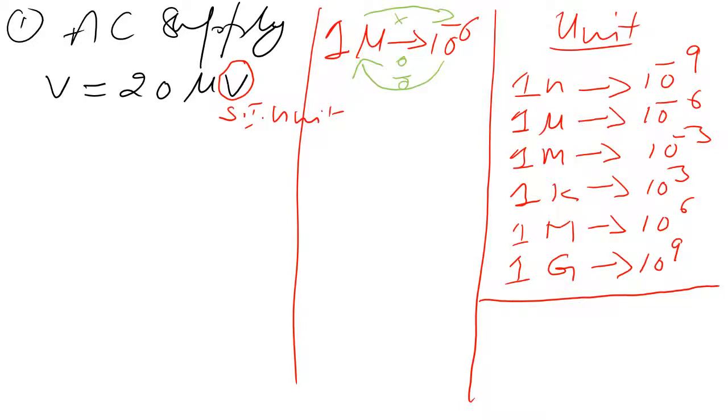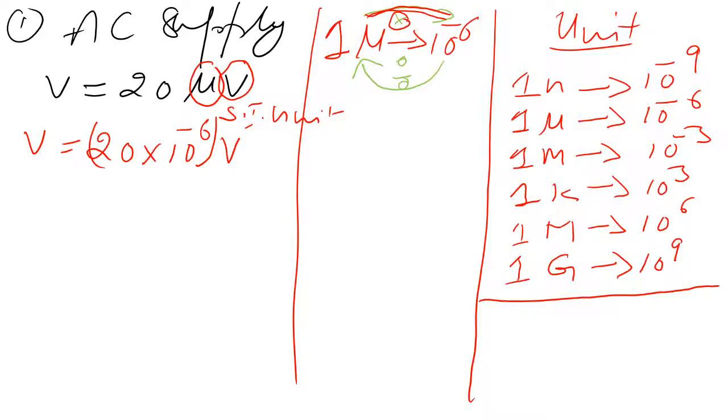You have to change this micro to its number. It means you are moving from micro to number, so you multiply. This is 20 into 10 to the power minus 6 volt. Now this number you have to use in your calculation.